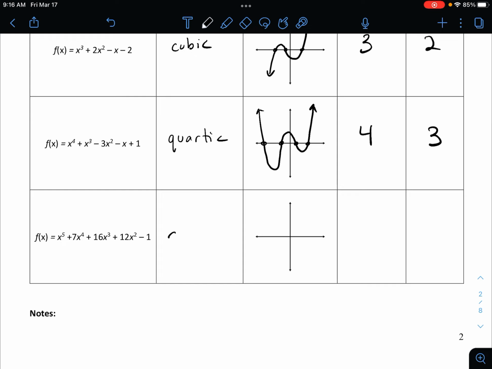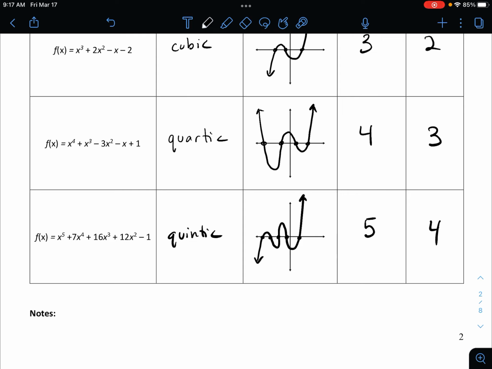And then the last one is called quintic. And what this one looks like is this one goes like this, just like that. All right, we've got 1, 2, 3, 4, 5 x-intercepts, and it turns 4 times.